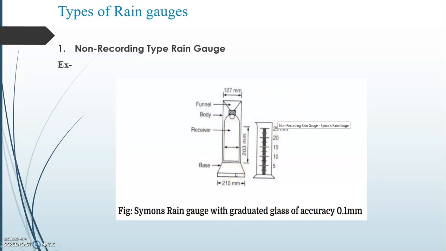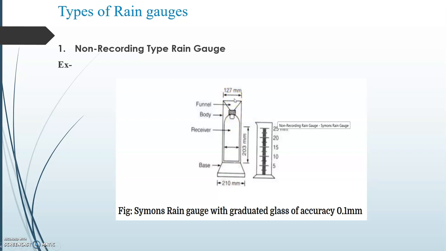It consists of a cylindrical vessel of 127 mm diameter. Here you can observe this is a 127 mm diameter, with a base enlarged to 210 mm diameter. So this is the base, which has a 210 mm diameter, and this is the vessel.